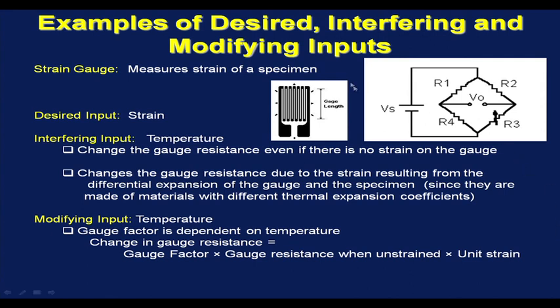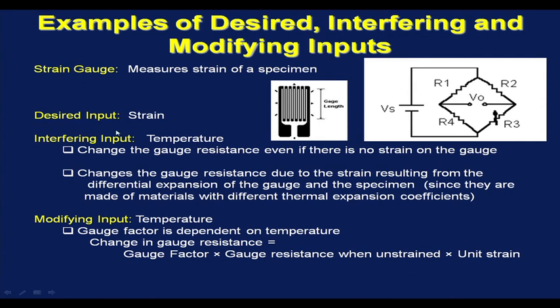So, if I take help of a Wheatstone bridge and put the strain gauge here, and first maintain a null point, and then I strain the specimen, the resistance wire gets strained, which will cause a change in the resistance of the strain gauge. So, there will be an unbalance in the circuit, and the current can be taken as a measure of the strain.